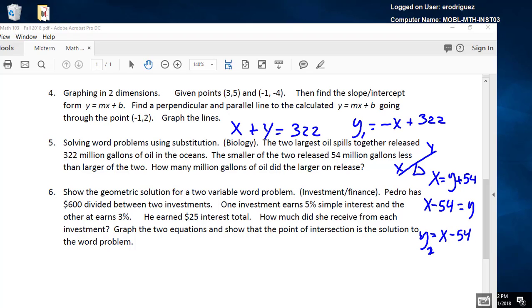So now I'm going to do my second line. My second line, I'm going to say, pick which one you think's bigger, and any of those two will be okay. So now I'm going to say x is the bigger one and y is the smaller one. So I have to do something that's less than the larger of the two.